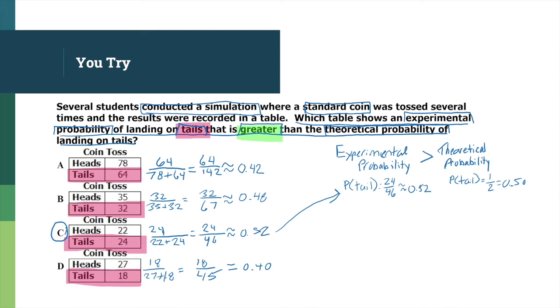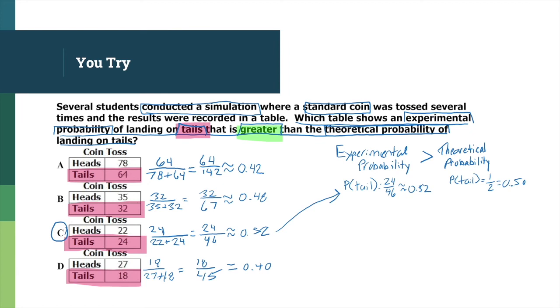For letter C, 24 times it landed on tails out of 46 total possible outcomes, which is approximately 52 hundredths or 52%. That would be the only example that shows a greater outcome than the theoretical probability of landing on a tail, which is 50%.